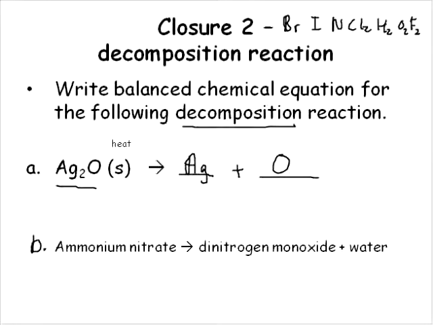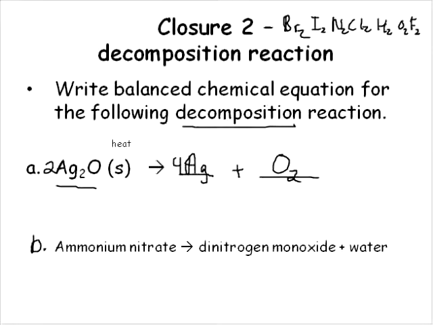These are all diatomic when they are standing by themselves, and so oxygen would have to be O2. Now, silver is a metal. It can be by itself. So we have 2 oxygens, 1 silver. Here we have 2 silvers, 1 oxygen. If we put a 2 here, that gives us 2 oxygen and 4 silvers. So then we have to put a 4 there.